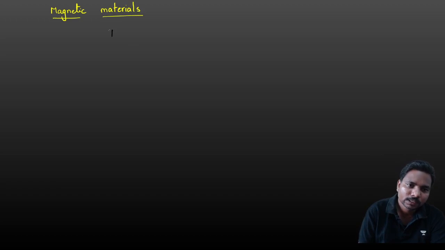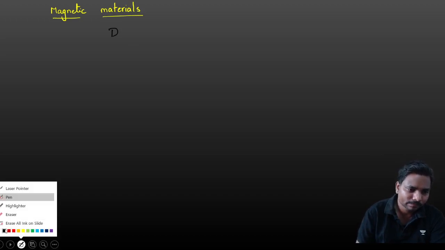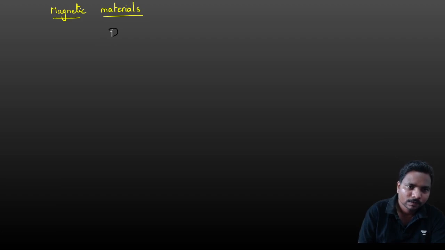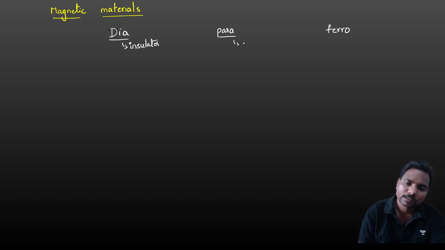One is diamagnetic, second one is paramagnetic, third one is ferromagnetic. It is the same like in electrical, where we have insulator, semiconductor, conductor, similar properties.